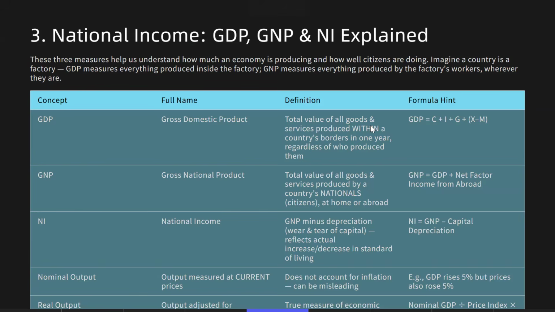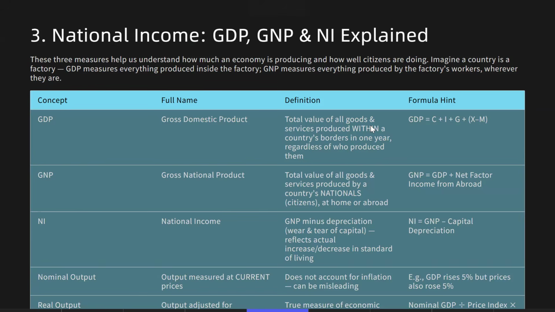Gross national product is the total value of the goods and services produced by the country, regardless of what country it's in. So a good example, in Trinidad and Tobago, we have Digicel. Digicel is a Jamaican company.